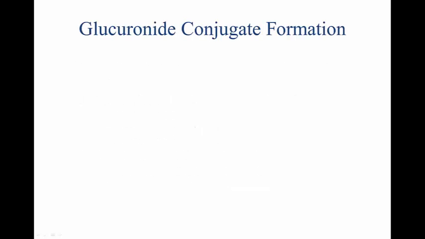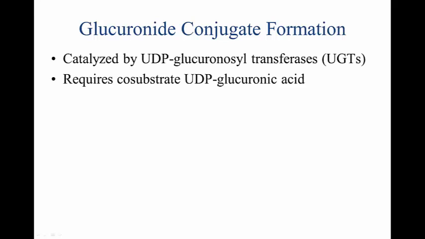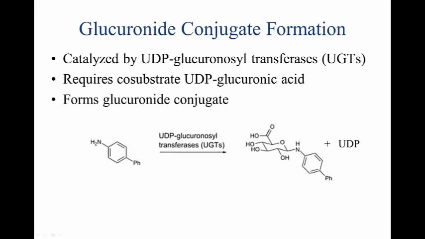The formation of glucuronide conjugates is catalyzed by UDP glucuronylyl transferases, which requires the co-substrate UDP glucuronic acid. UDP stands for uridine diphosphate and is a derivative of the nucleobase uracil. In this reaction, the glucuronic acid from the co-substrate becomes conjugated to the substrate, and uridine diphosphate is released.